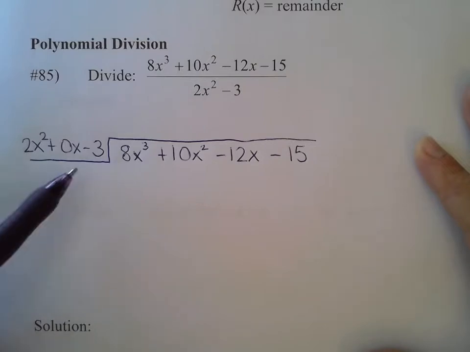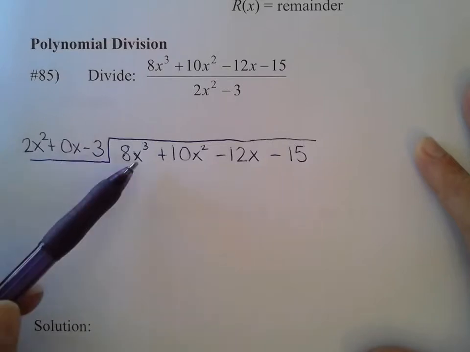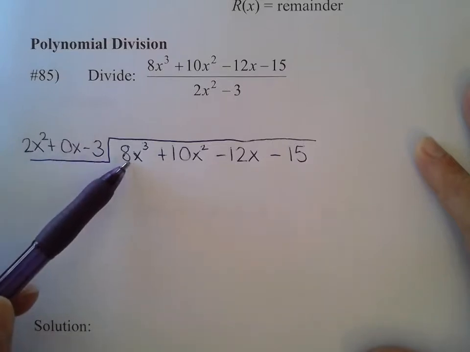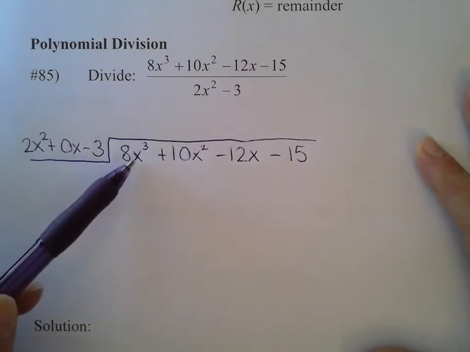Then we're going to divide just like we would. We use the front of each polynomial to divide. We think, 2x squared multiplied by what will give me 8x cubed? 4x would get us from 2x squared to 8x cubed.